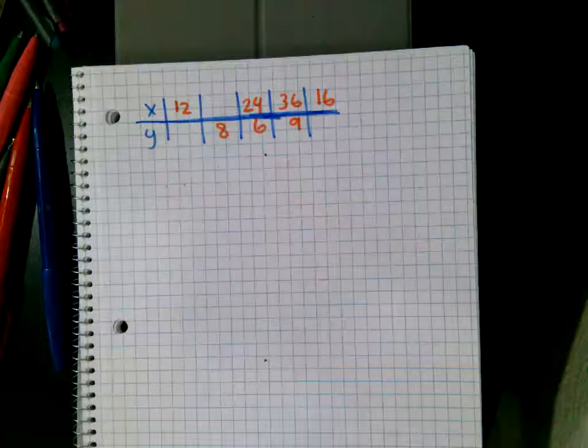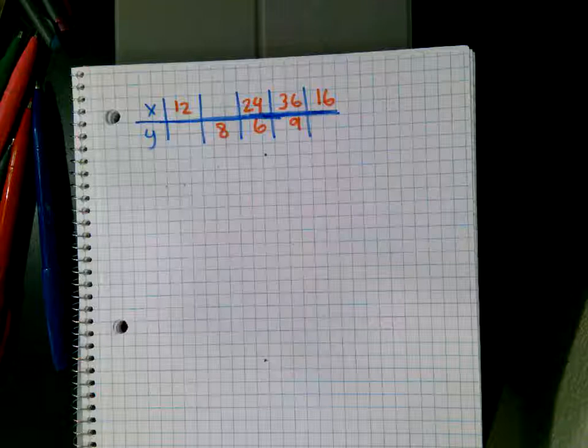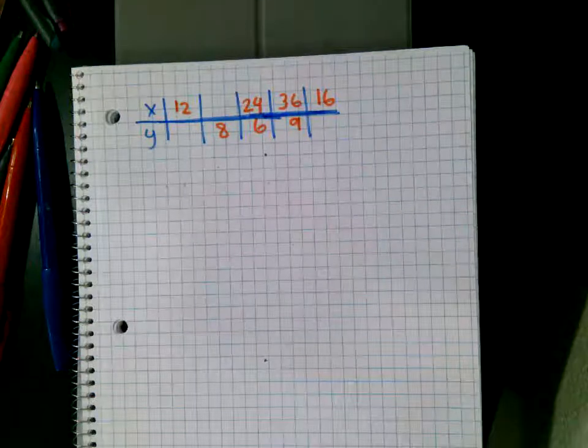This is my table. I gave you 2 pairs. I was being nice. Gave you 2 pairs.